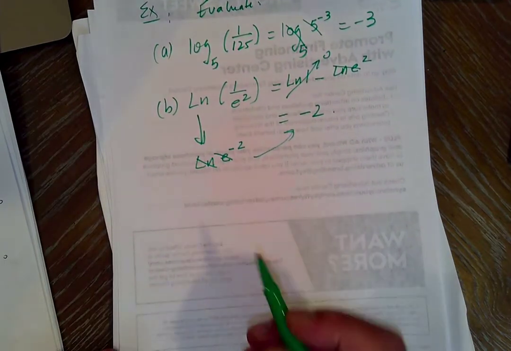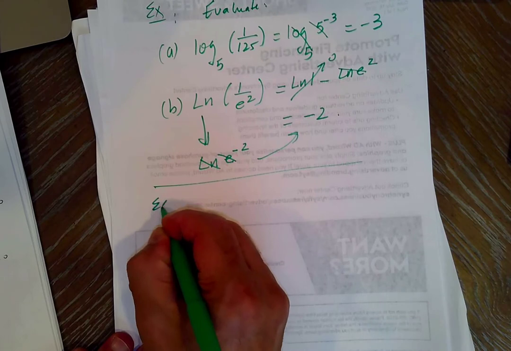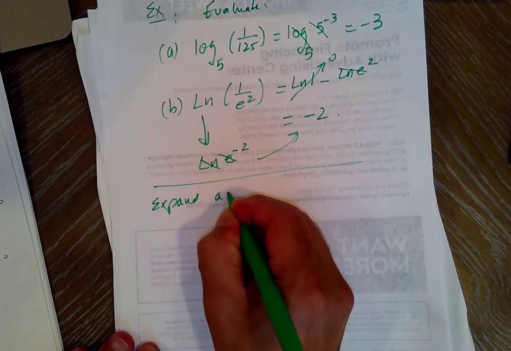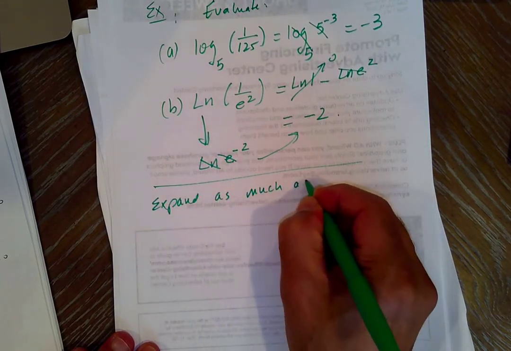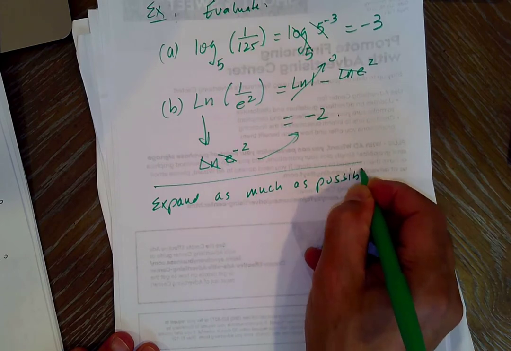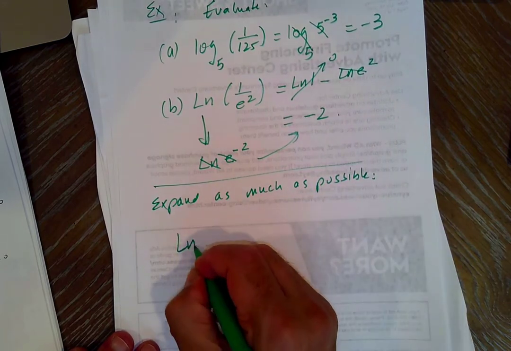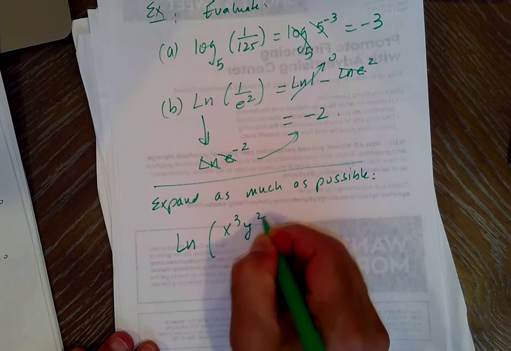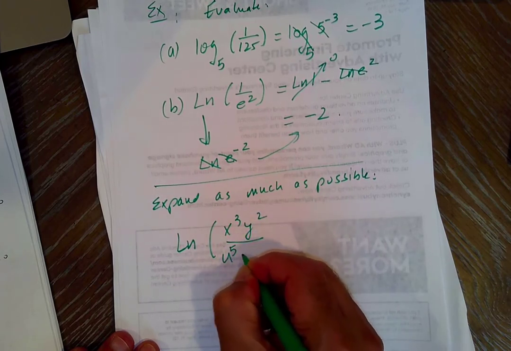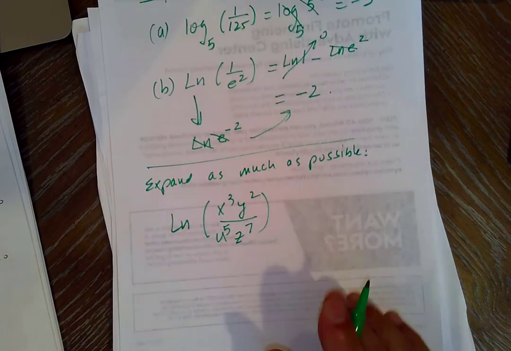All right. How do we expand as much as possible? I don't want to spend too much time on this, but I'm just trying to brush up on the algebra that you need.